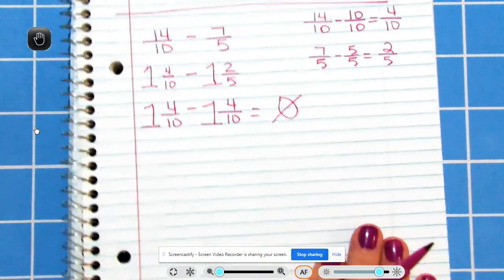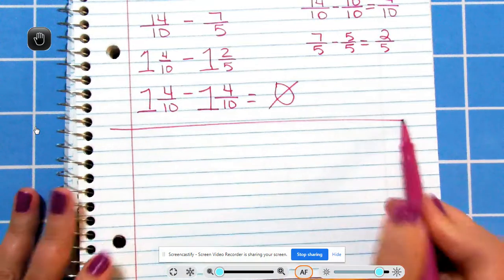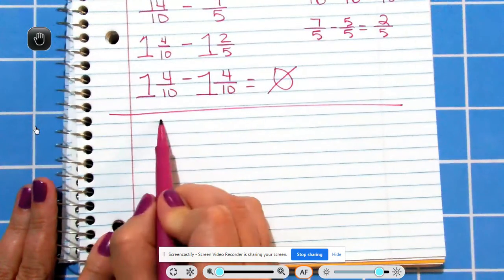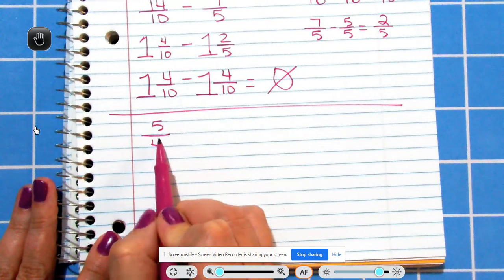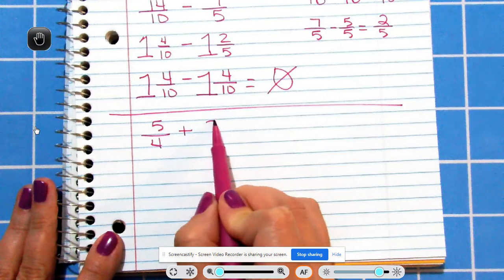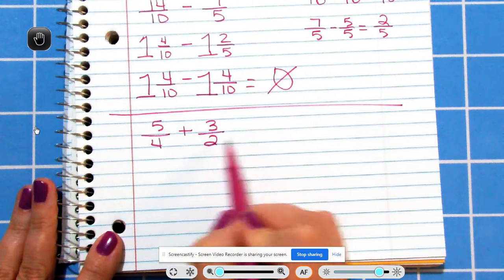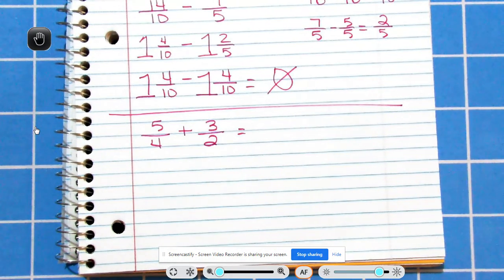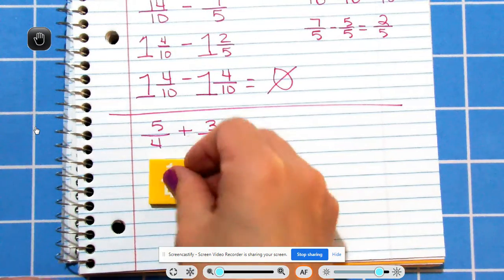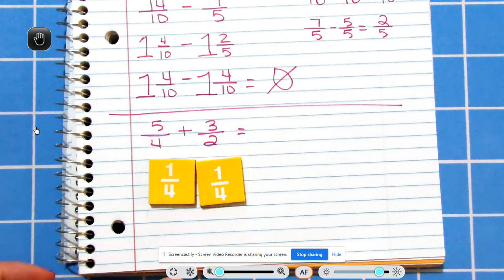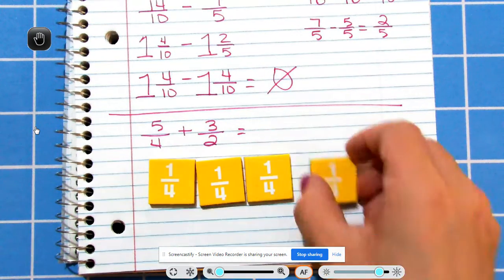All right, so we're going to add 5/4 plus 3/2. All right, here's my 5/4. 1, 2, 3, 4.